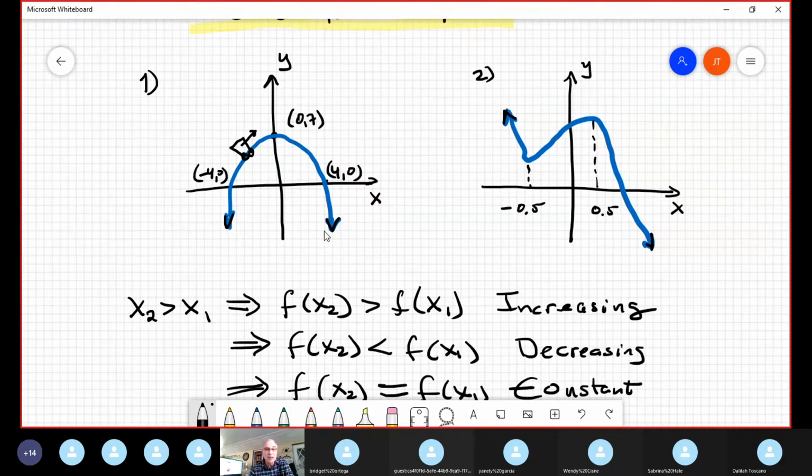Therefore, I want to highlight in green color. Look at that. In green color, in this interval, from negative infinity to 0, the function is increasing.